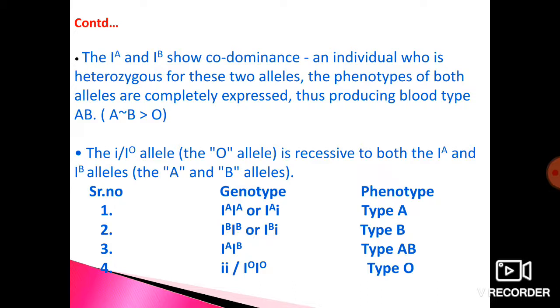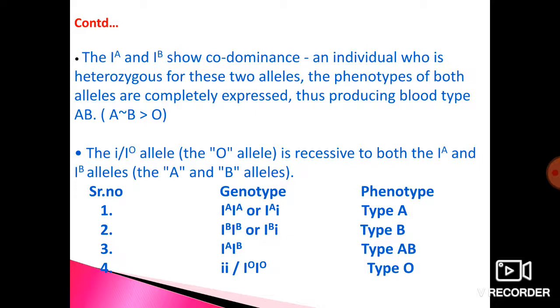You can see the relation I have given in brackets in the fourth line, where A is equal in potency to B, but both are greater in potency than O. That means IA, which is an allele for a blood protein, is codominant with another blood protein allele IB, but individually both of them are dominant over small i, or capital I with a superscript O.